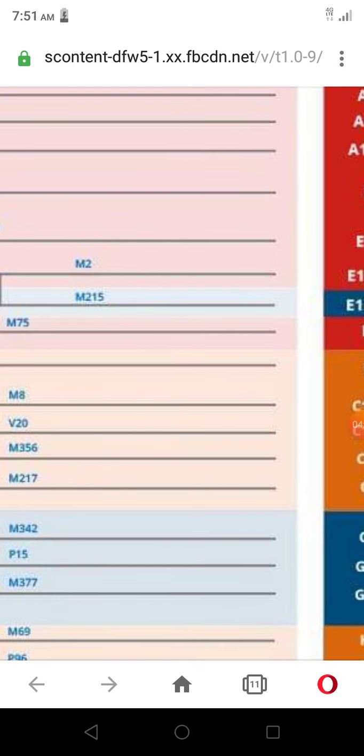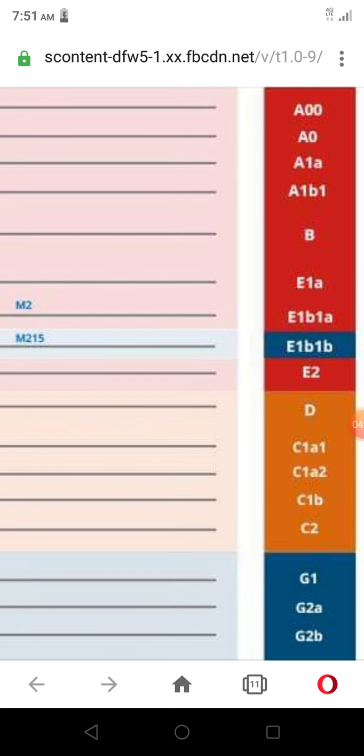Often you won't see, for example, the E1B1A haplogroup right here. This group is the Shemitic Israelite group of people.